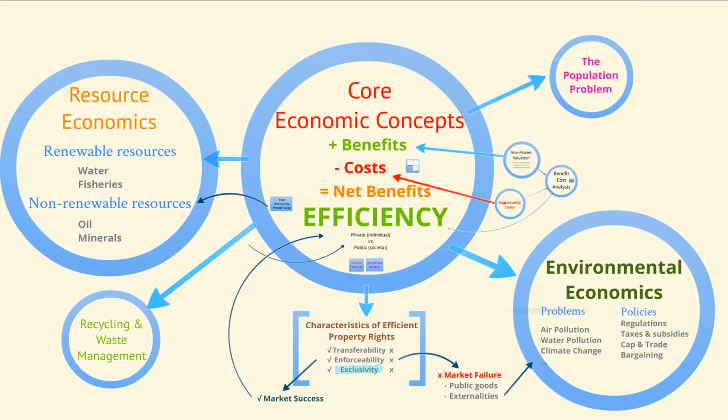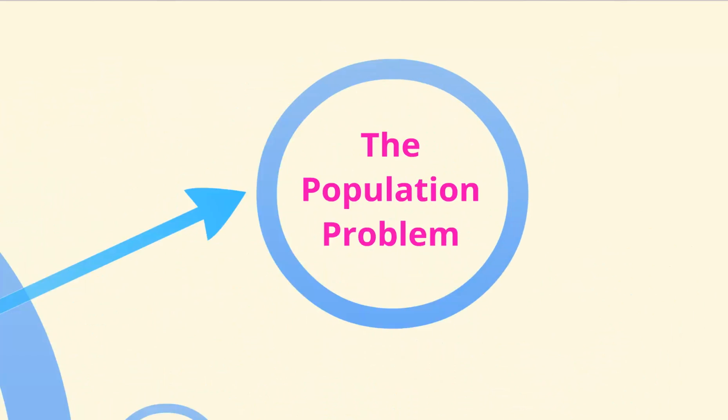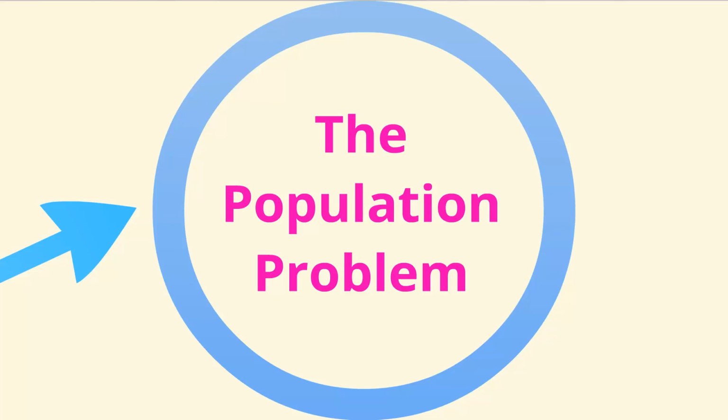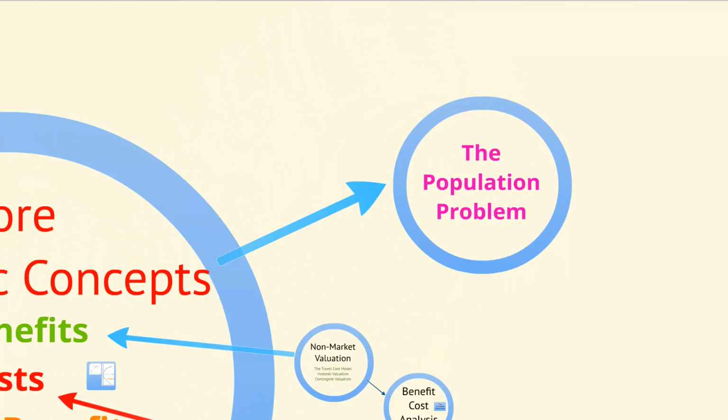All right, so you can see that we've gone over the bottom right part of this graph. Now we're going to take those core economic concepts and we're going to apply them very briefly to the population problem. And I think you'll find that that's an interesting, different little connection to economics that you might find a little bit surprising, and I always find is fun.